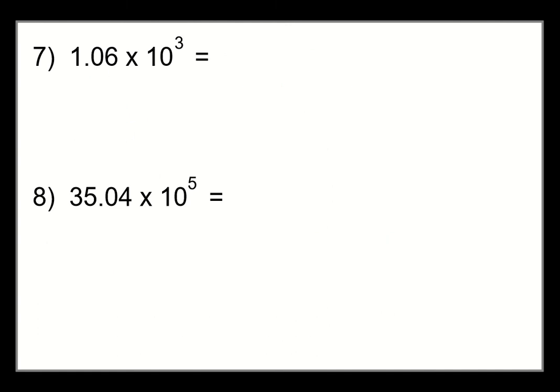Finally, just a couple more. We have 1 and 6 hundredths. And so that 1 and 6 hundredths is being multiplied by 10 to the third power. And so that tells me that I can move that decimal over 3 spaces. 1, 2, and 3. And I drop it off. But note, there is a space here.